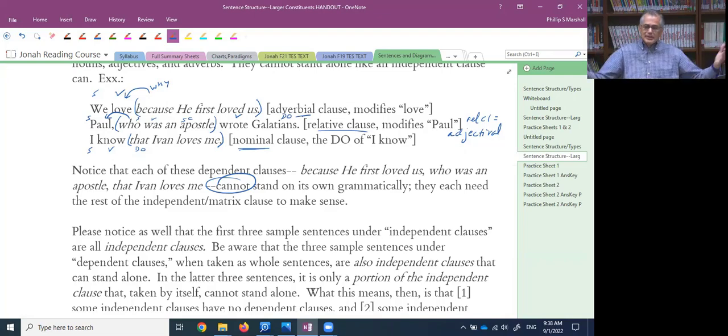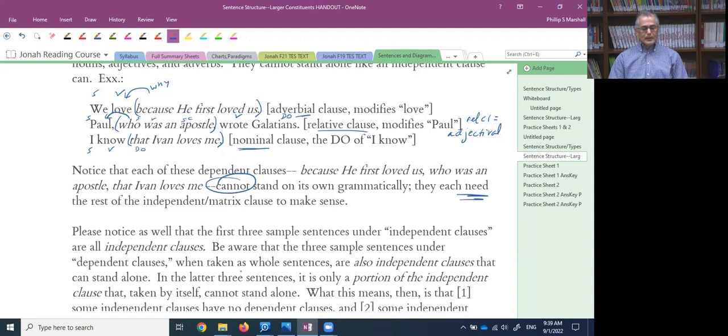And when that happens, it's not grammatical. It sounds odd. It sounds funny, right? If I walk up to you and I say, hey, Johnny, that Ivan loves me, you want to know, how does that relate to a larger sentence structure, don't you? So dependent clauses need the rest of an independent, or the rest of a matrix clause, to make sense grammatically.